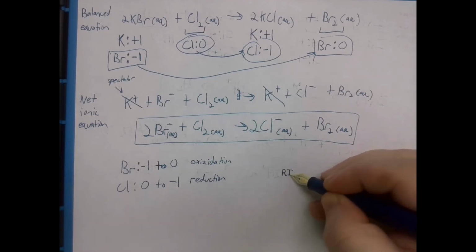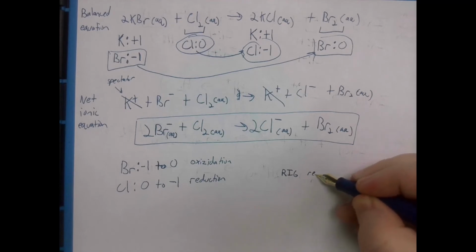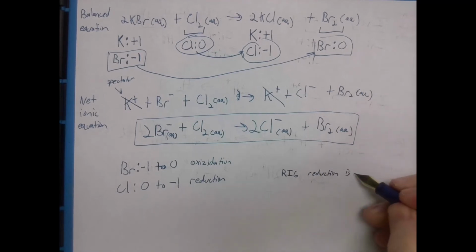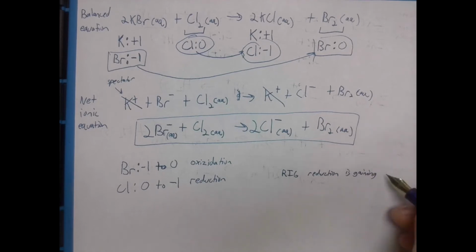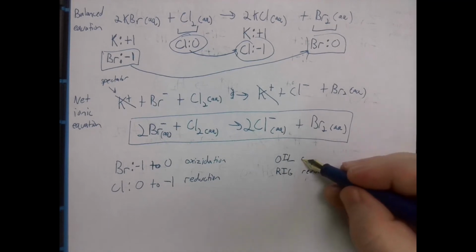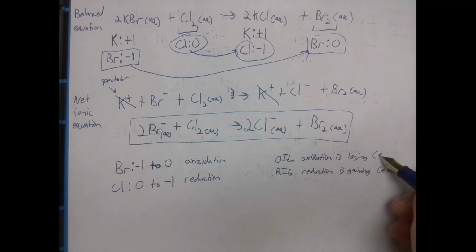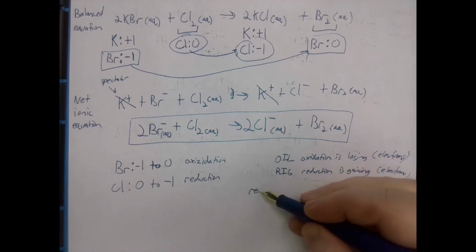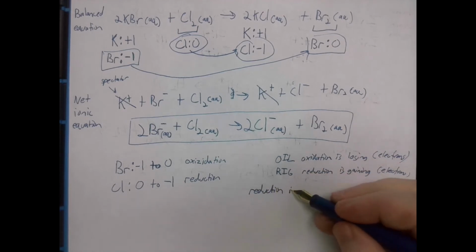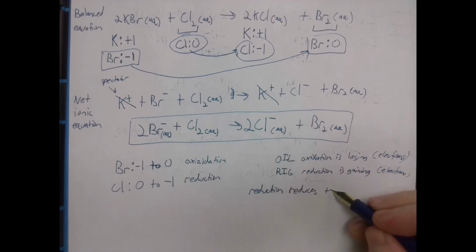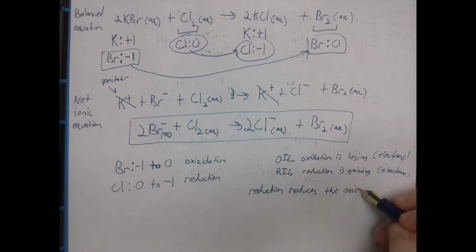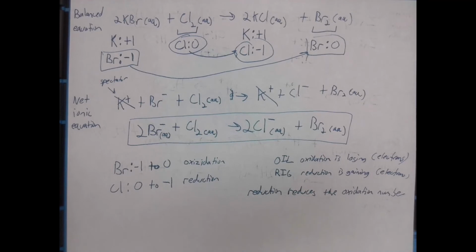So remember, OIL RIG: reduction is gaining electrons, and oxidation is losing electrons. Another way to look at it is reduction reduces the oxidation number, and oxidizing increases it.